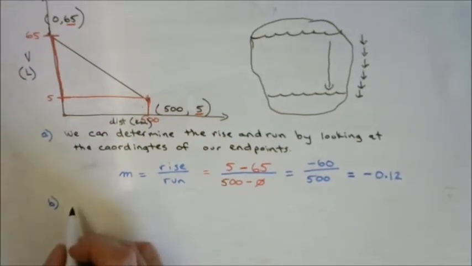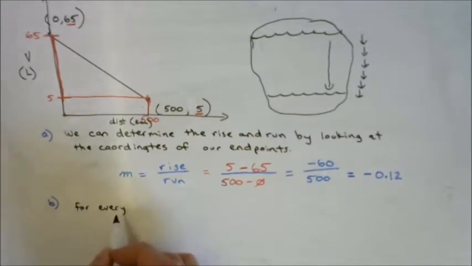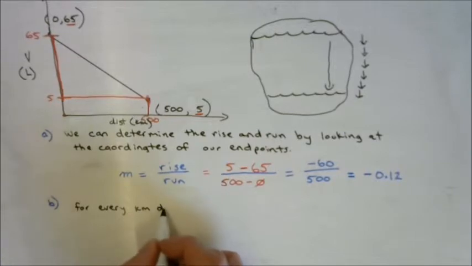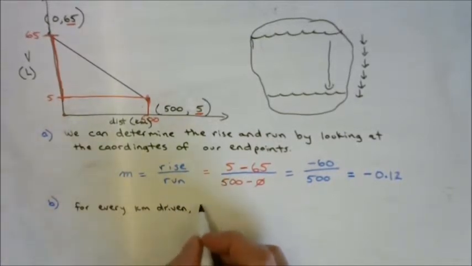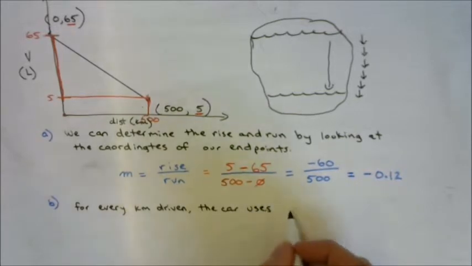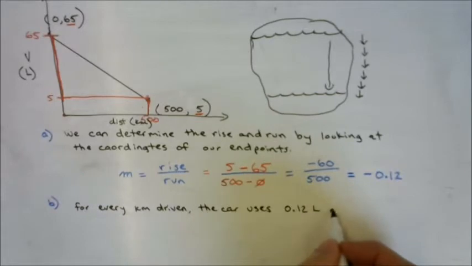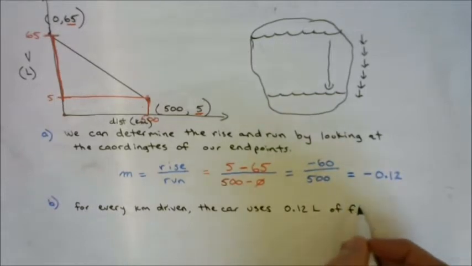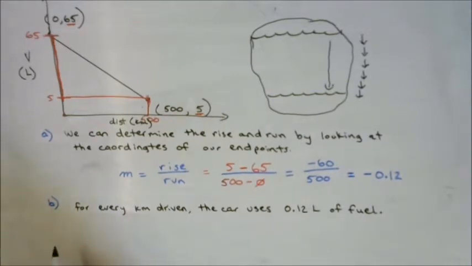So this means for every kilometer driven, the car uses 0.12 liters of fuel. Is that good or bad?